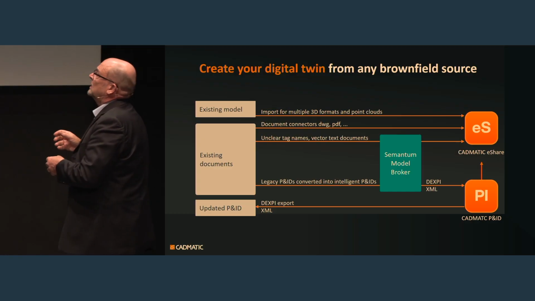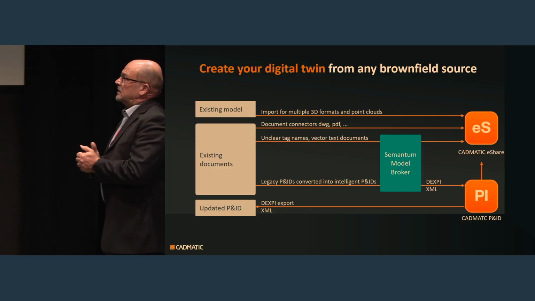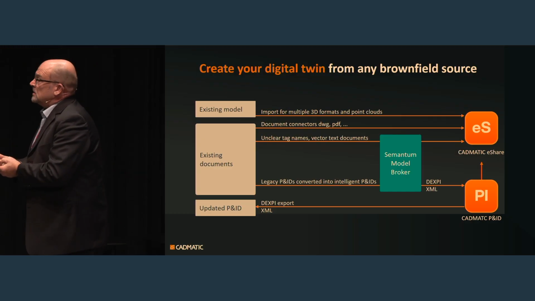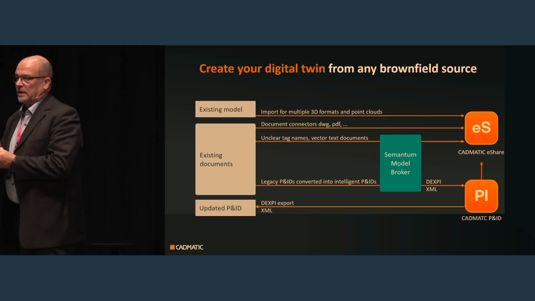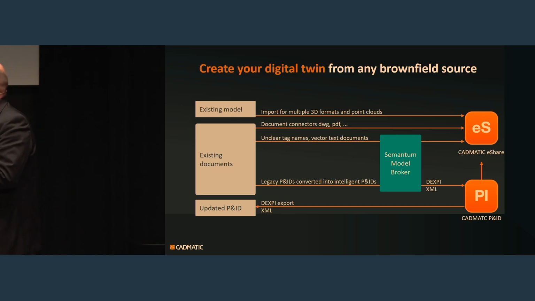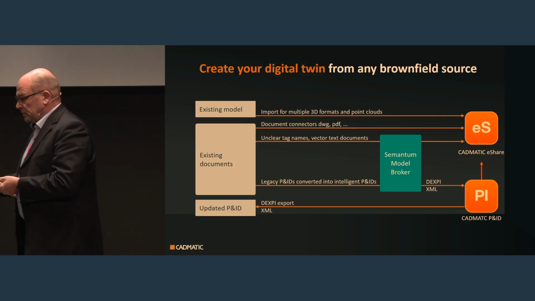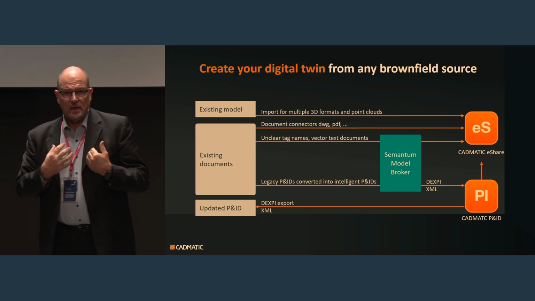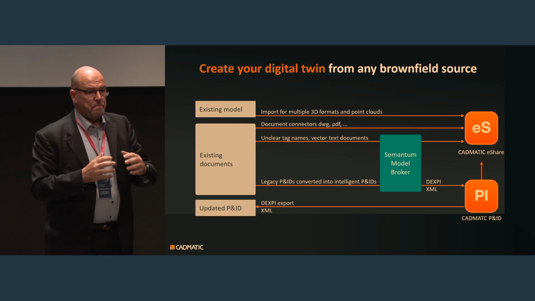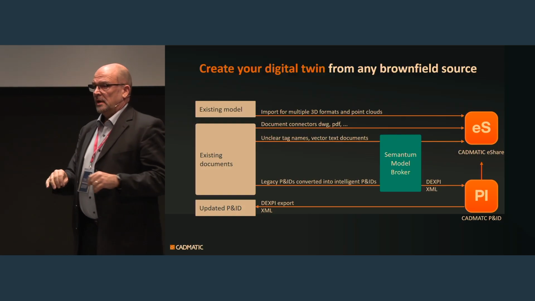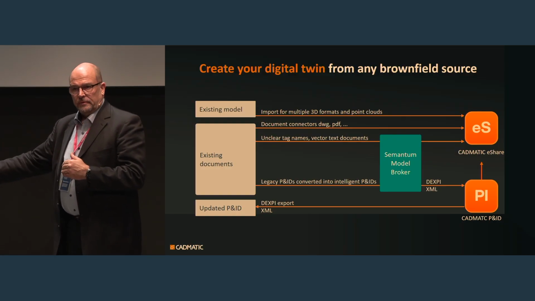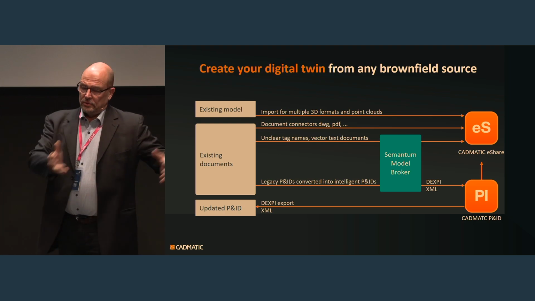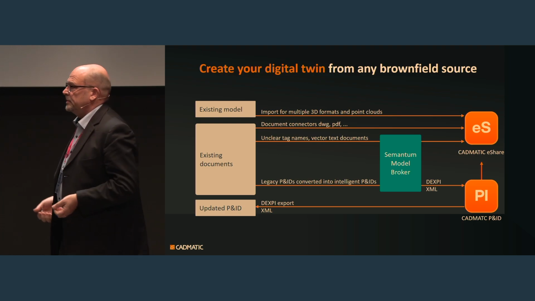That's what we do. The next option is that you take those documents to Semantum Model Broker and get the DEXP file out of that. And then you have even two more options. You can take those to our PNID if your intention is to manage those PNIDs later and perhaps make a modification and export the DEXP forward to be able to read into another system. So we have DEXP in and out.